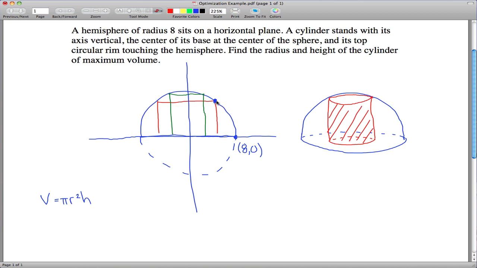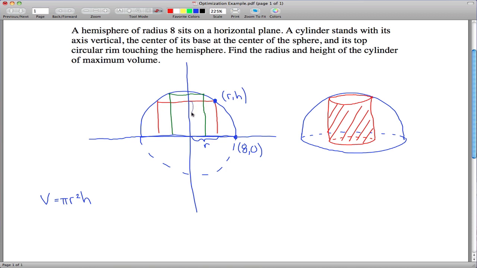And then the other thing to note is this point right here we can think of as r comma h. What I mean by that is its x-coordinate, this distance right here, is the exact same as the radius of the cylinder. It takes a little getting used to thinking geometrically to convince yourself of that, but once you do, you can see that this is r, and height goes the same way.